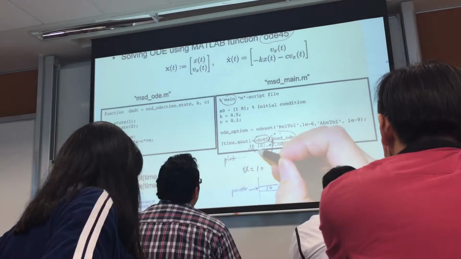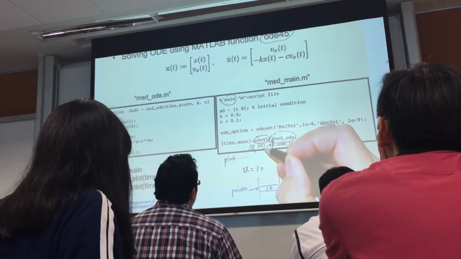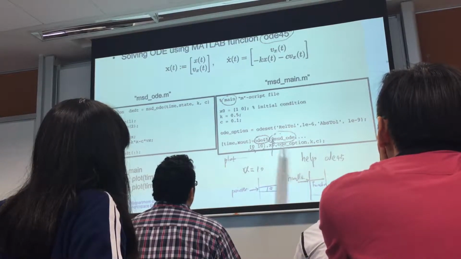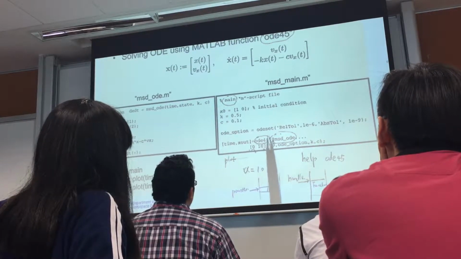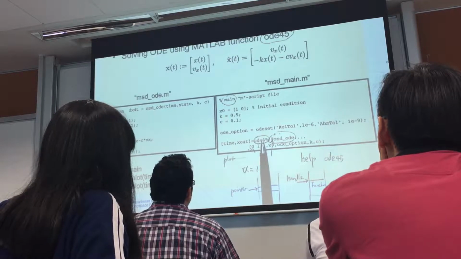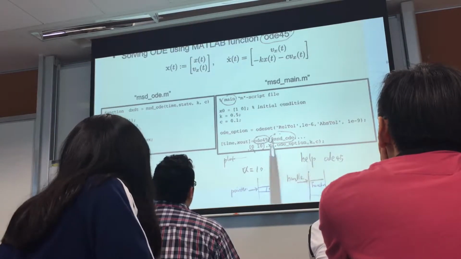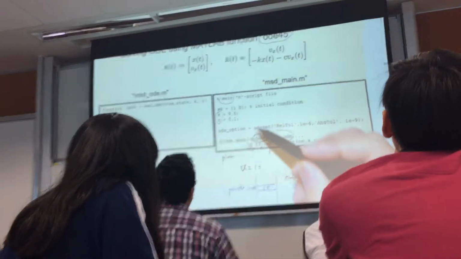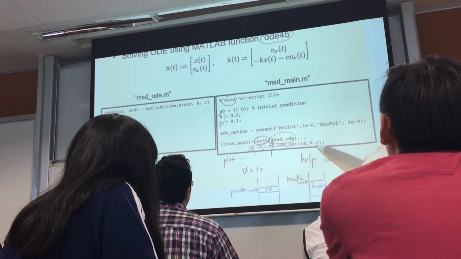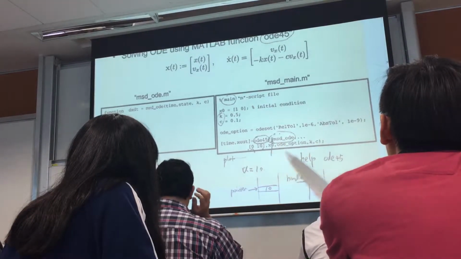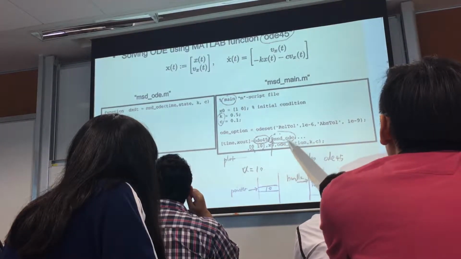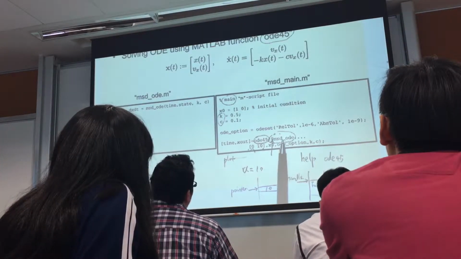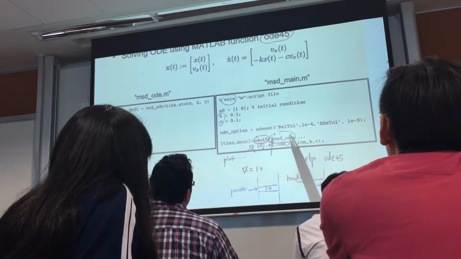Basically, this can define your initial condition and your final condition in order to solve the differential equation. And you can also input parameters like those defined here into your differential equation. It's just a way in MATLAB to transfer the parameters into another function.